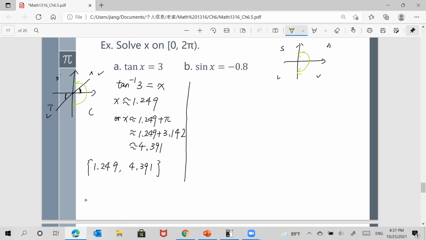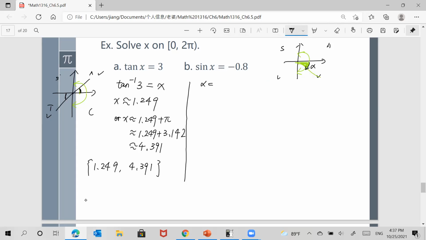If our calculator provides a negative angle from here to here for sine x equals negative 0.8, let's see the reference angle. I can't say RF because RF is a positive acute angle, so I just say alpha. For alpha from here to here, the calculator gives the angle alpha for us.